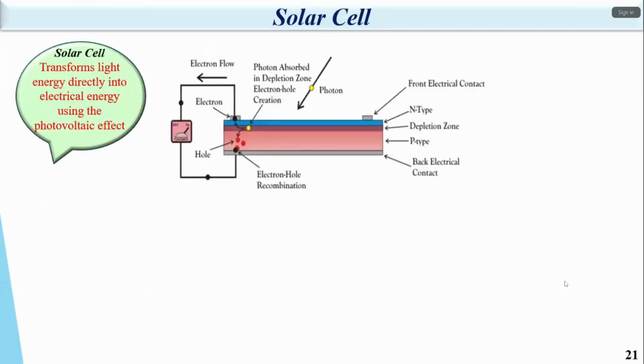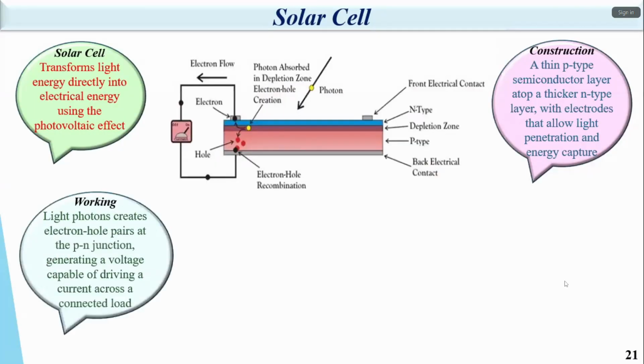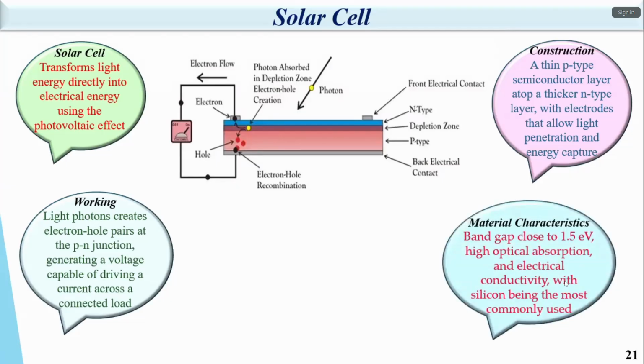So solar cell, as we know, transforms light energy directly into electrical energy using photovoltaic cells. It has a thin P-type semiconductor layer atop a thicker N-type layer, with electrodes that allow light penetration and energy capture. Light photons create electron-hole pairs at the P-N junction, generating a voltage capable of driving a current across the connected load. For the material we choose for solar cell application, the band gap should be close to 1.5 electron volt.